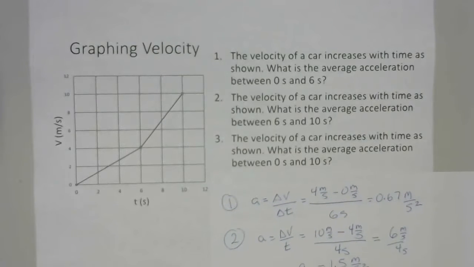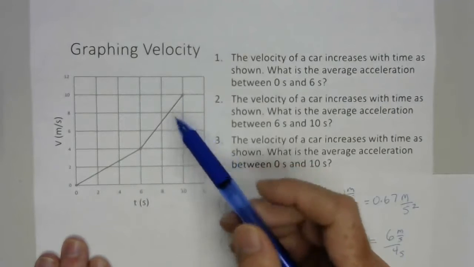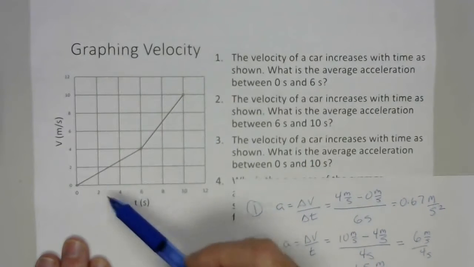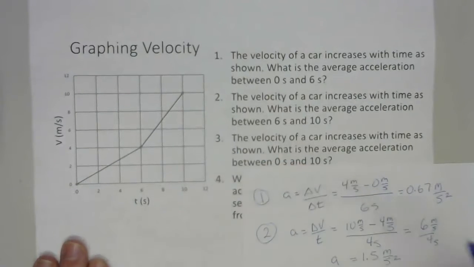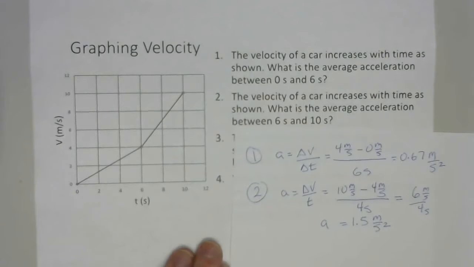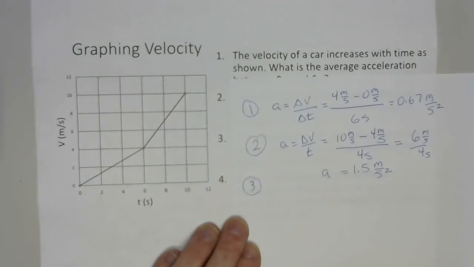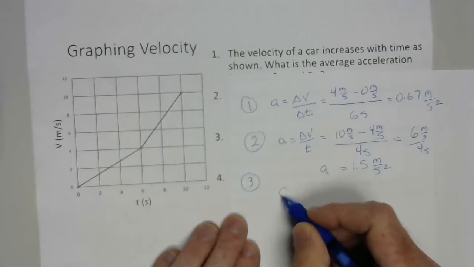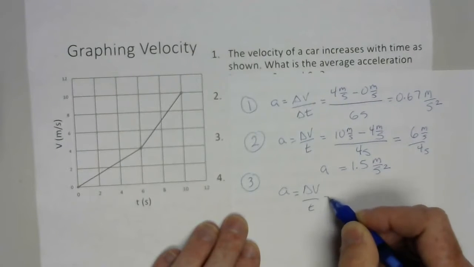Now, question 3 asks, what's the average acceleration between 0 and 10? That is the entire graph from here to here. So essentially, we'd look at a line with a slope right here. It'll be between those two numbers, but probably not a direct average of those two numbers. So for question 3, we still have acceleration equals change in velocity over change in time.